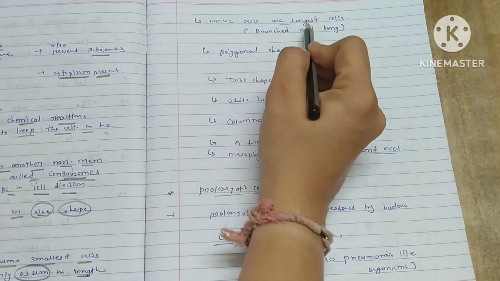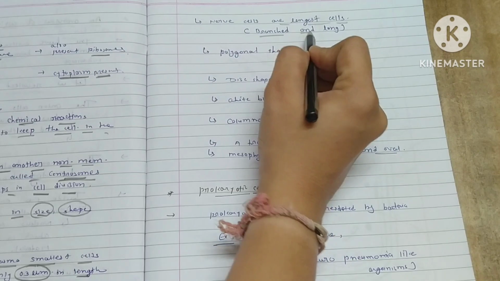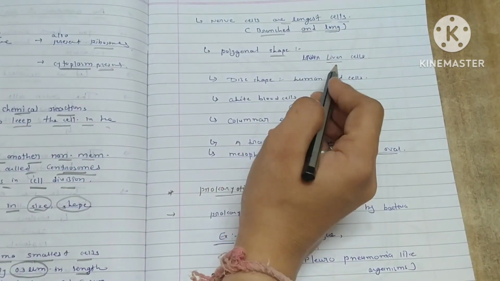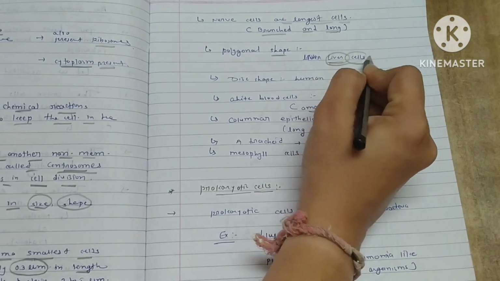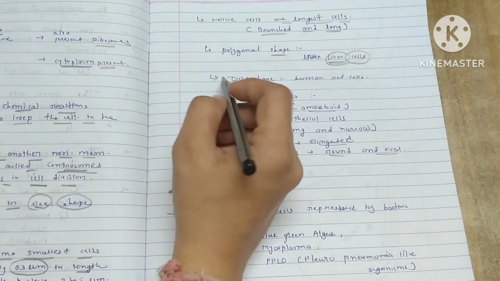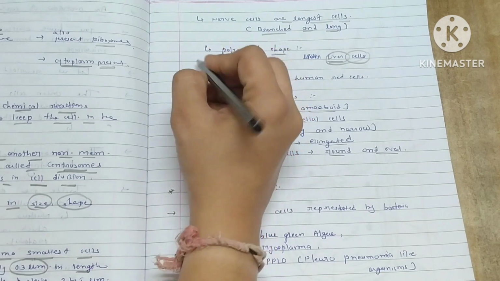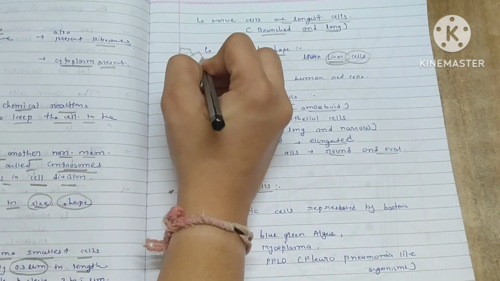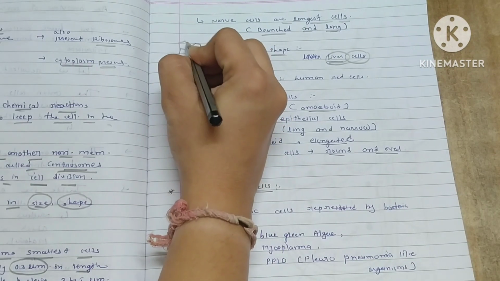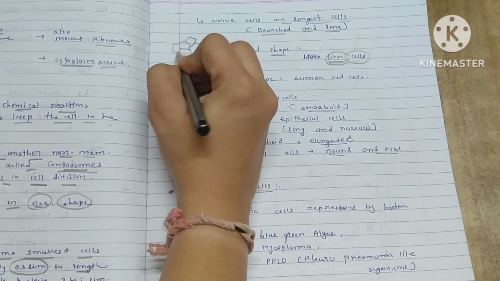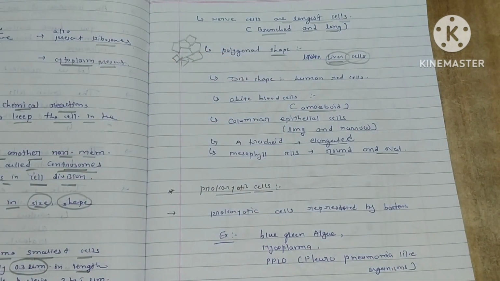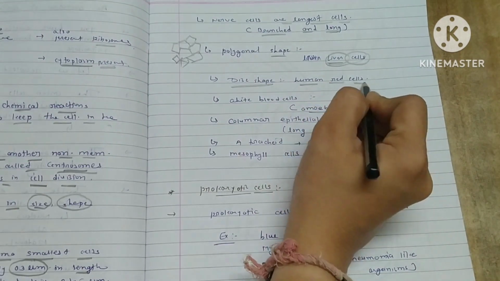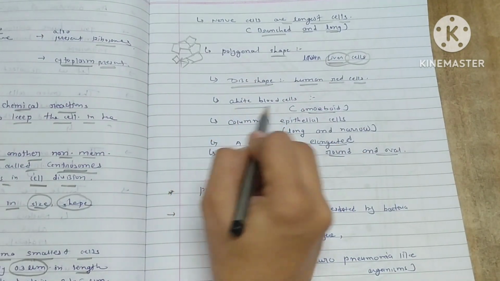Nerve cells are the longest cells, branched and long. Polygonal shape, for example liver cells. Polygonal shapes are like this. Disc shape is, for example, human red blood cells.